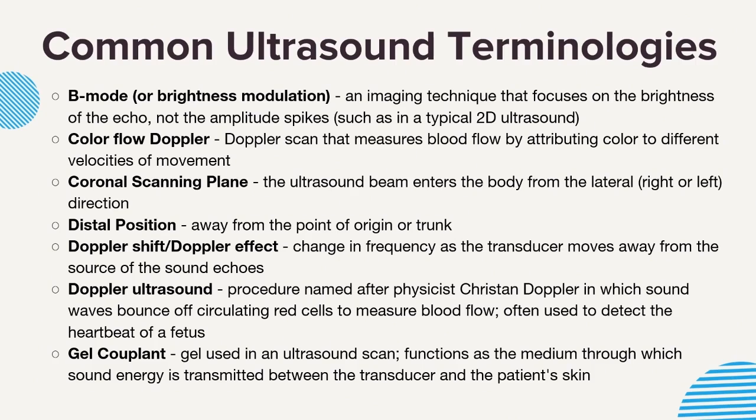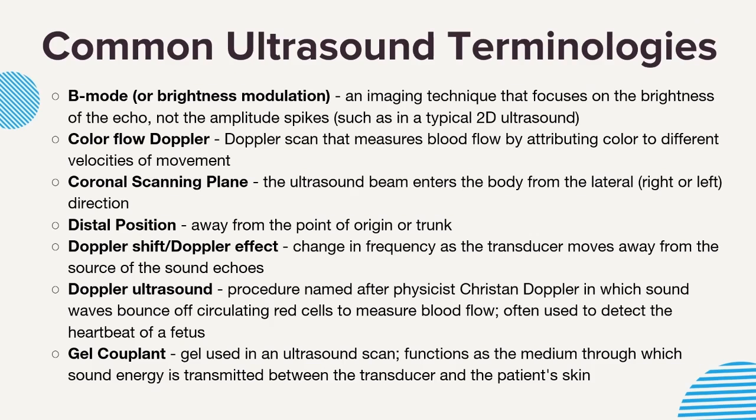Doppler shift, or Doppler effect: a change in frequency as the transducer moves from one source of sound echoes to another. Doppler ultrasound: a procedure named after physicist Christian Doppler, in which sound waves bounce off circulating red blood cells to measure blood flow, often used to detect the heartbeat of a fetus.